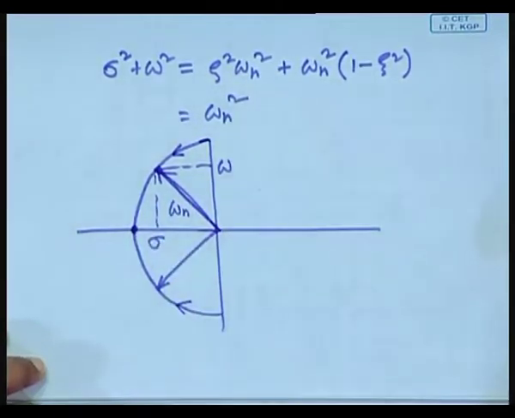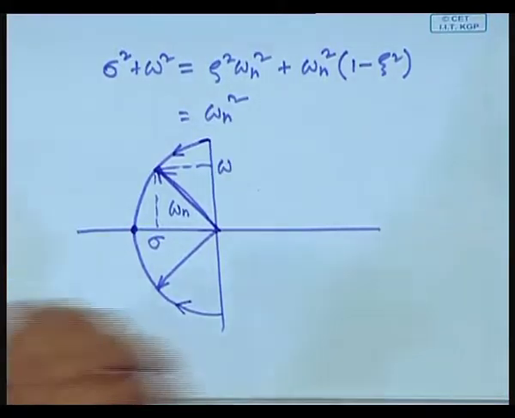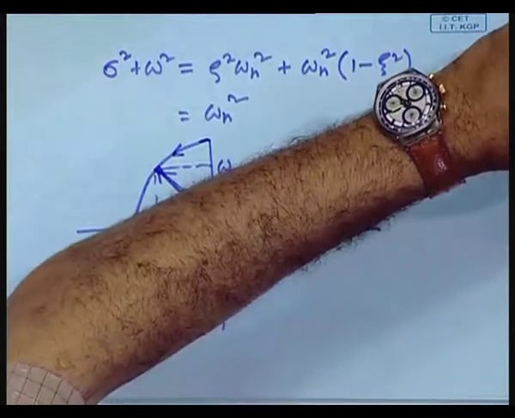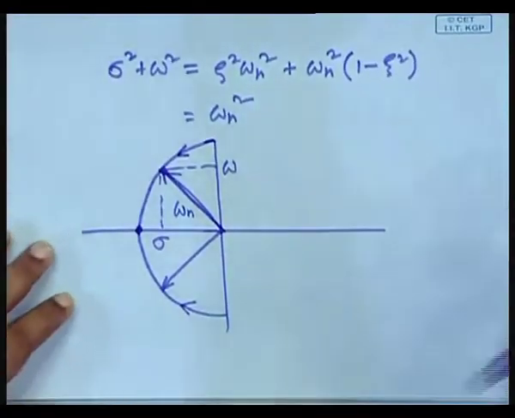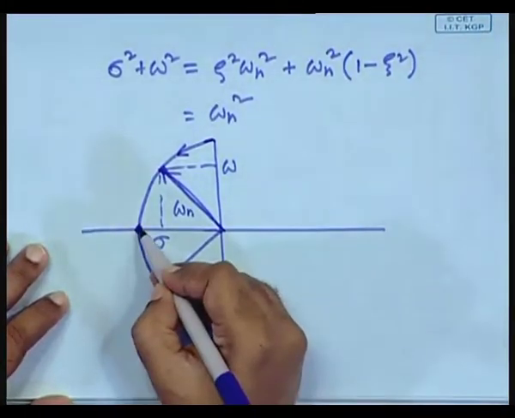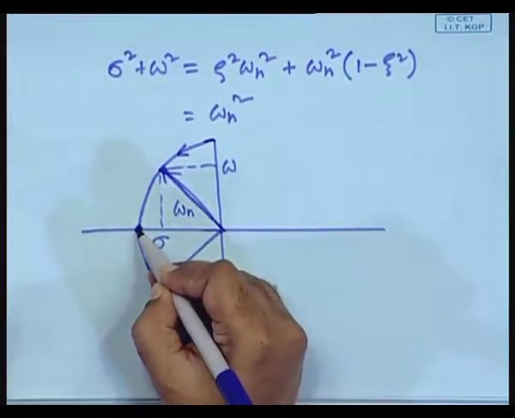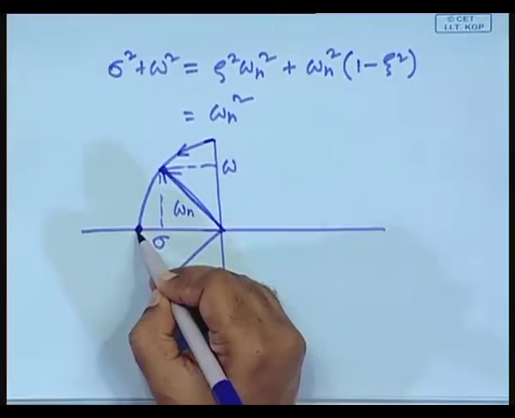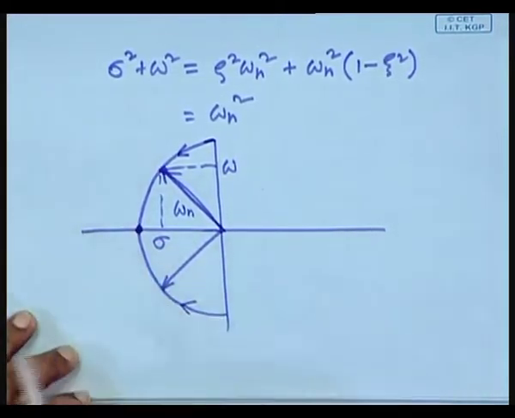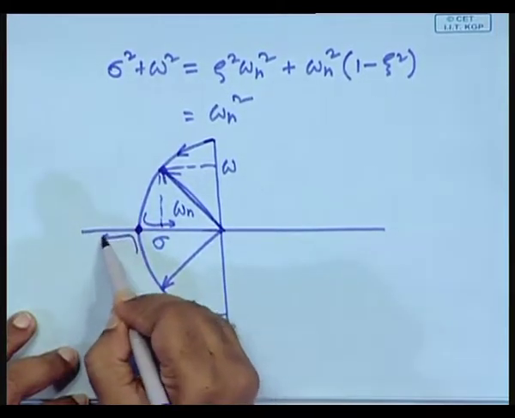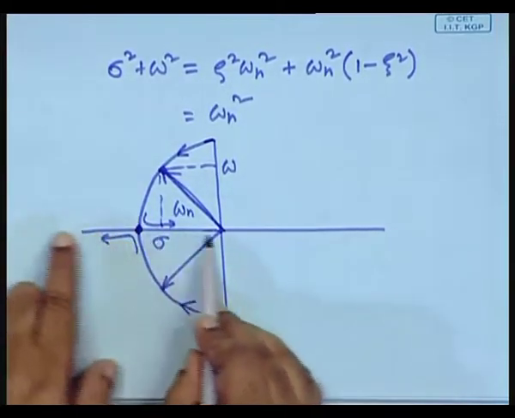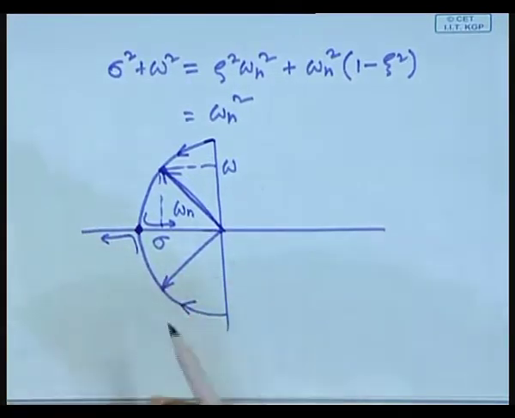At this point, that equation we just wrote, which pertains to real and equal eigenvalues, will be valid. And after that, what will happen? One will move like this, the other will move like that. So, they will go out, and then the first equation that we wrote will be valid. Clear?